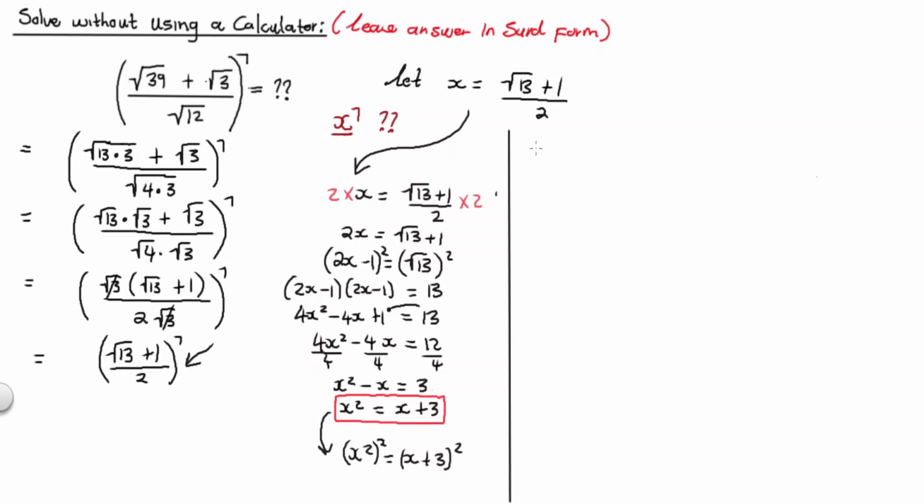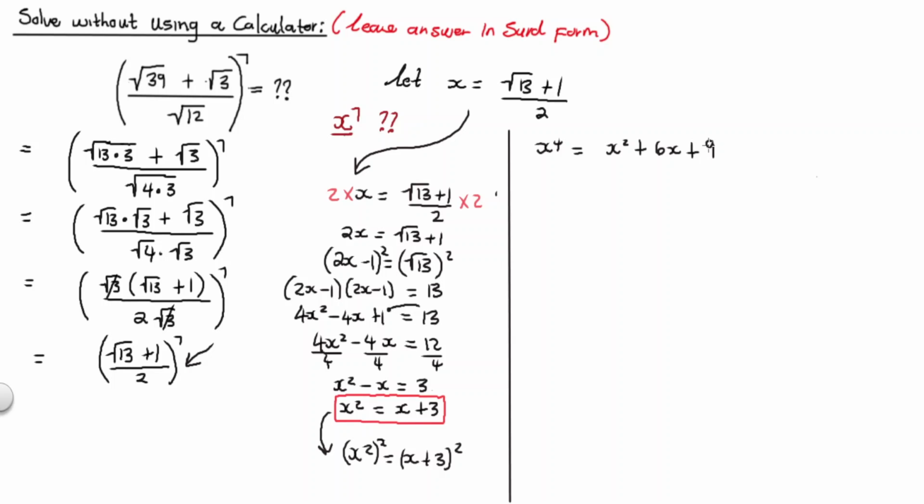So x squared raised to exponent 2 is x raised to exponent 4, equal to x plus 3 raised to exponent 2. So we're going to FOIL. We're going to end up with x squared plus 3x times 2, that's 6x, plus 9. So I'm taking these two brackets and FOILing. This is what I end up with.